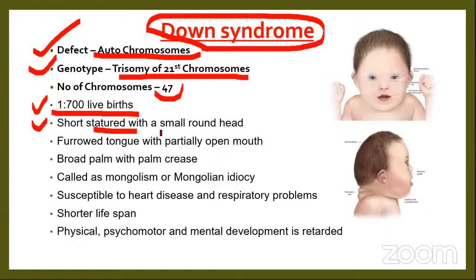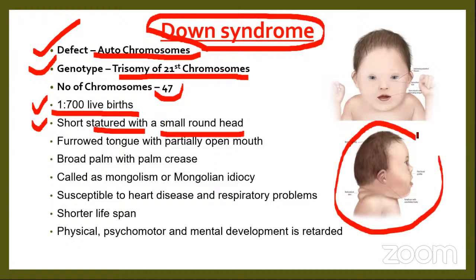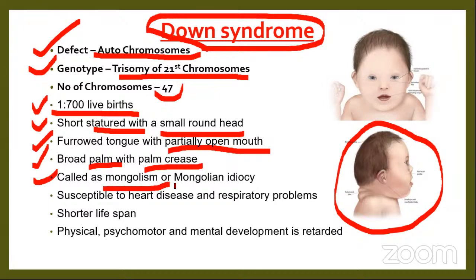short stature with a small round head. Here in the picture you can see they look somehow abnormal, with small stature, and they have a furrowed tongue with a partially opened mouth. They have a broad palm with palm crease. They are called Mongolism or Mongolian idiocy.